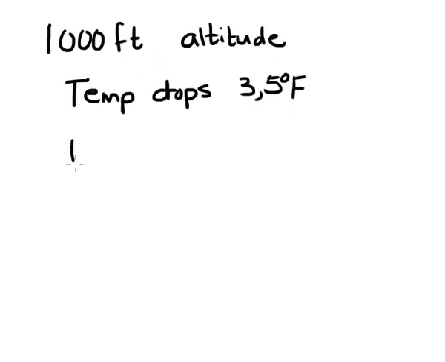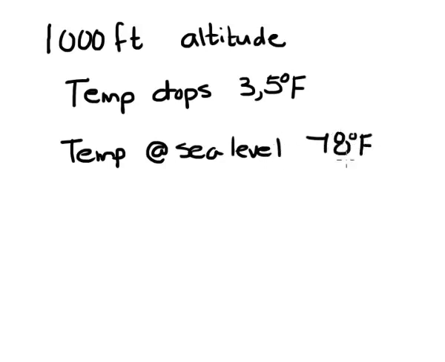Now, if the temperature at sea level is 78 degrees Fahrenheit, what would you expect the temperature to be at 10,000 feet, in degrees Celsius? We're going to do this correct to 1 decimal place.